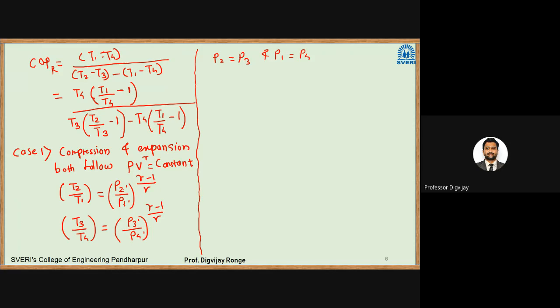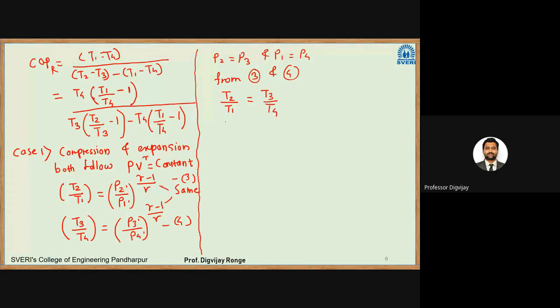So these two expressions are the same. I will write this as expression 3 and this as expression 4. From 3 and 4, we can say that T2 by T1 is equal to T3 by T4.